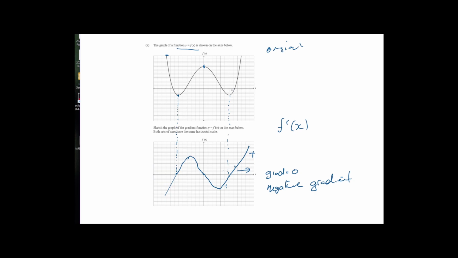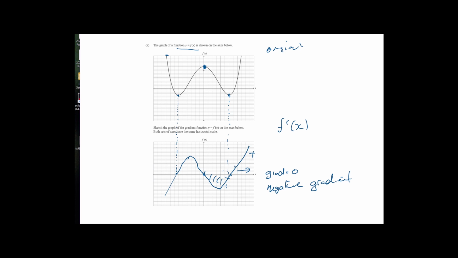Everything from here to here must be below the x-axis when we differentiate it, and indeed it is. Here, that's negative, that's below the x-axis.